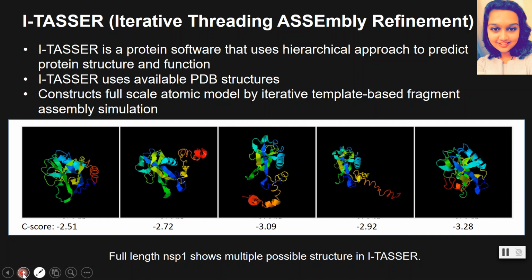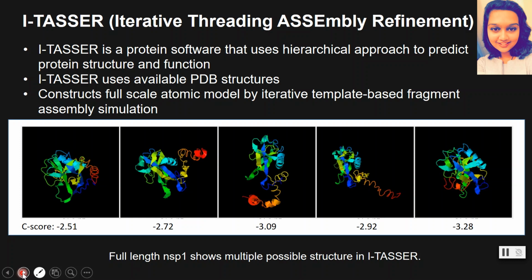So I-TASSER is a software that uses a hierarchical approach to predict protein structure, by using available protein structures from the protein database and threading the sequence of the protein multiple times to generate a full-scale atomic model. It also gives you a confidence score.